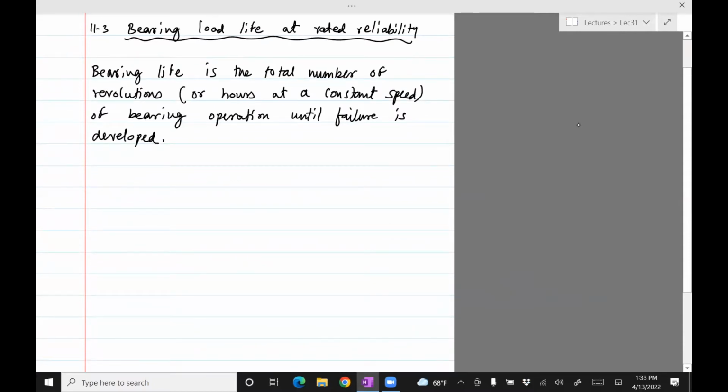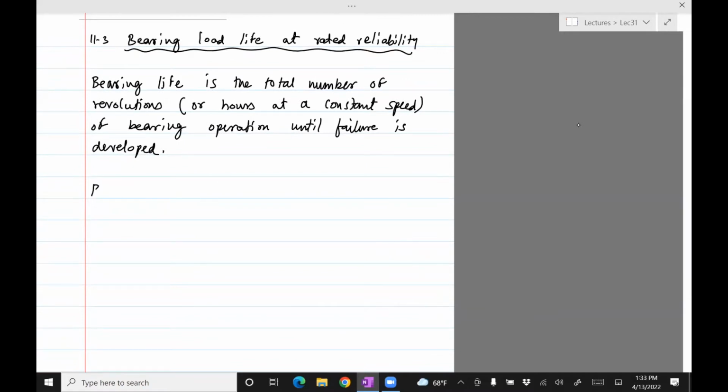Now let's get a little more specific. There's something called a rated life, and this is the spec which you'll see in spec sheets.